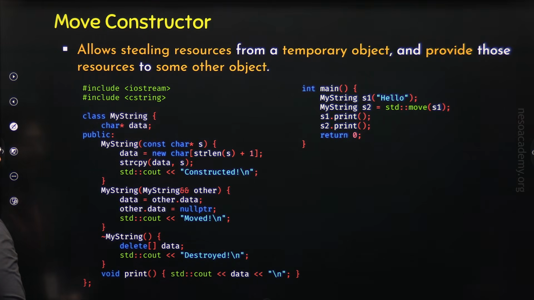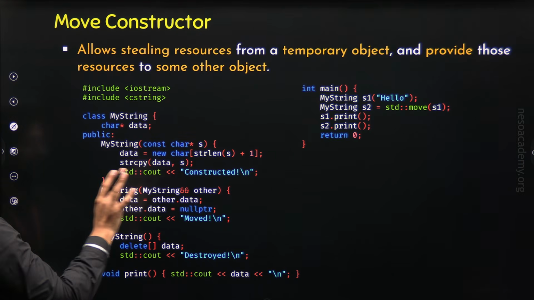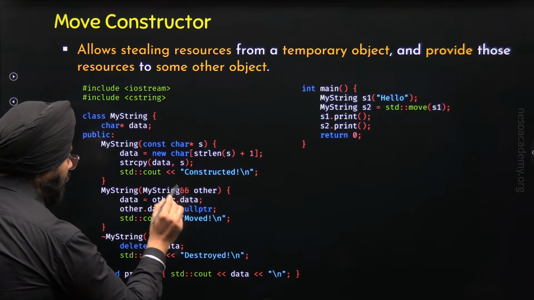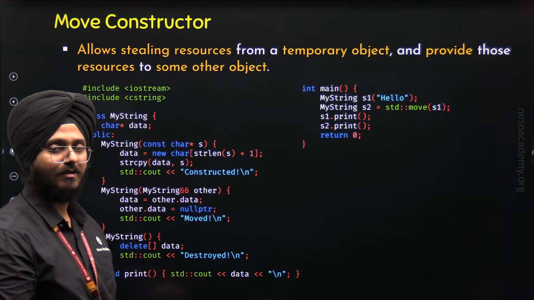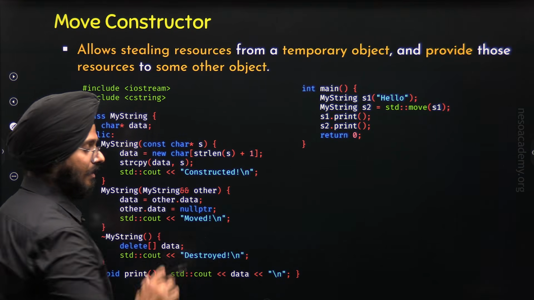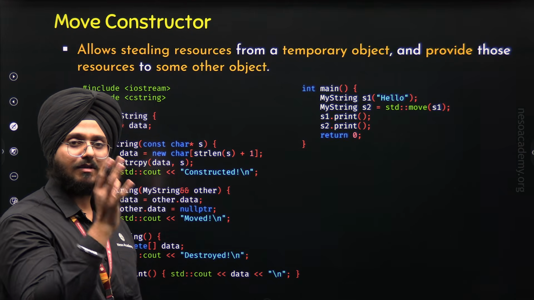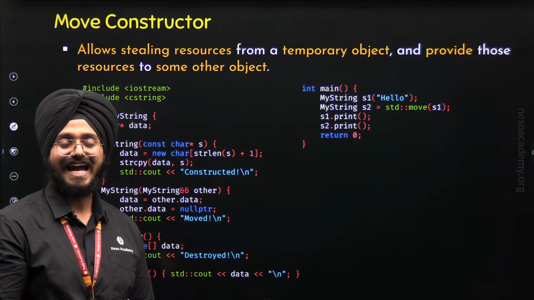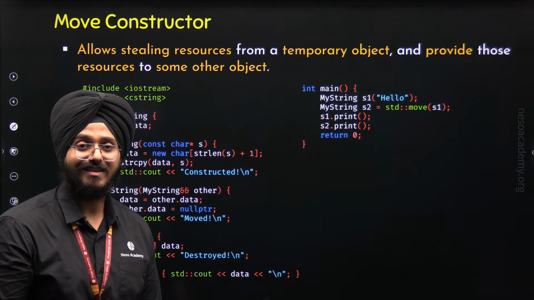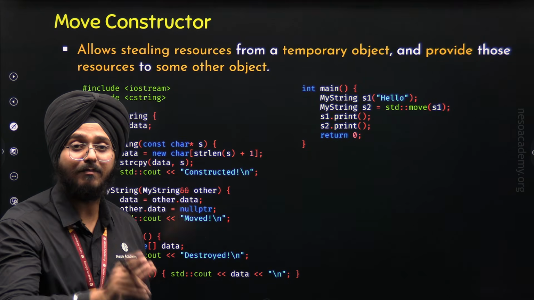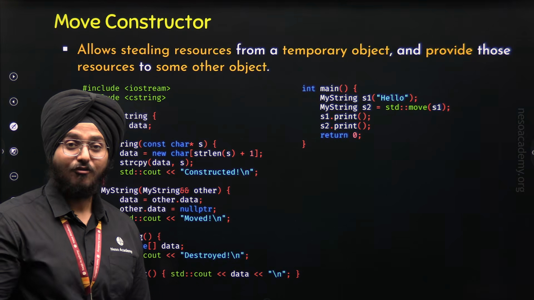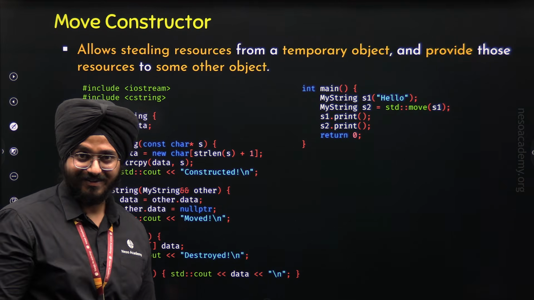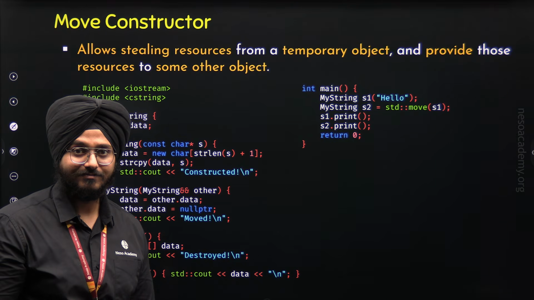Now after this, I am transferring the ownership. Here I have written other.data equals nullptr. Now what is the meaning of nullptr? nullptr is the keyword that is used to define a null pointer, and a null pointer is something that does not point to a valid memory location. We only want S2.data to point to the array, not S1.data.